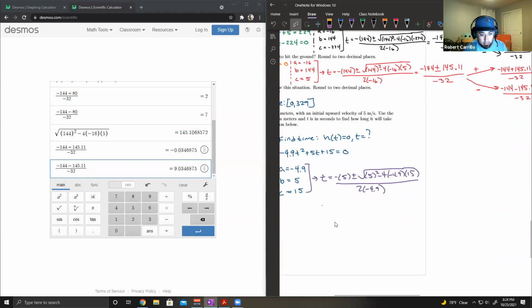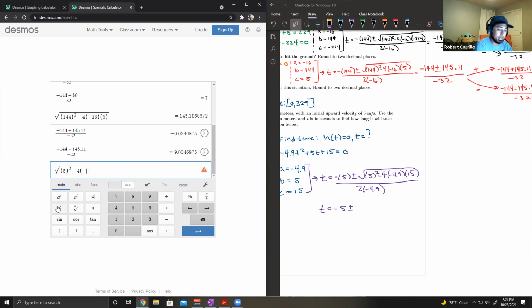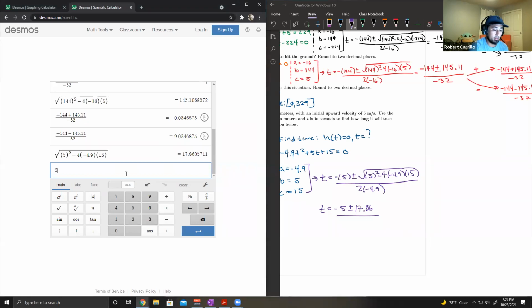Let's simplify. t equals negative 5 plus or minus the square root of 5 squared minus 4 times negative 4.9 times 15, and to 2 decimal places, 17.86, over 2 times negative 4.9. I think that's negative 9.8.